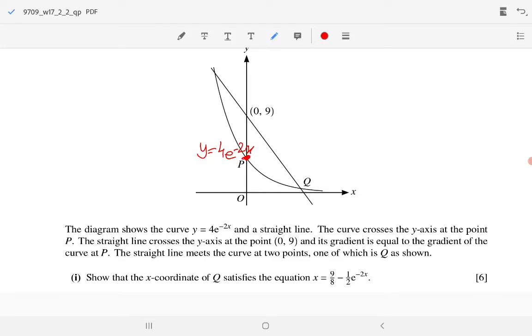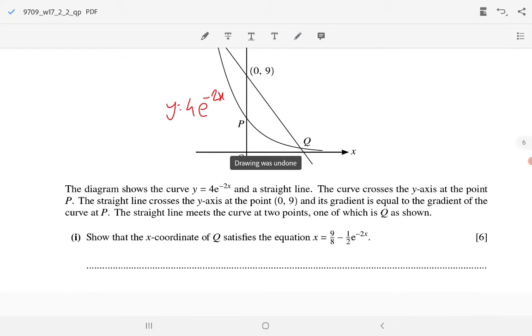So if you draw, let me just clear this up, you have y equals 4e raised to minus 2x. If you draw a tangent at this point P, the gradient of this tangent will be equal to the gradient of this line.